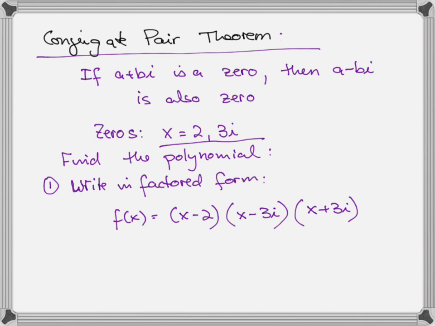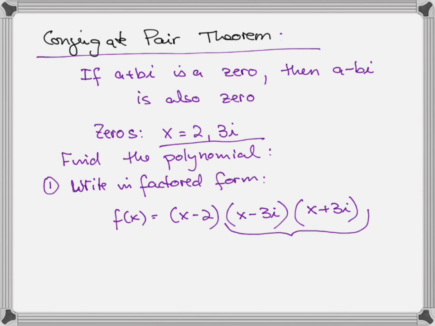These are the factors. Now, if you wanted to multiply it out in expanded form, I would suggest always to multiply the x minus 3i times the x plus 3i. What is that if you multiply those two? Go ahead, do it. You know how to multiply.